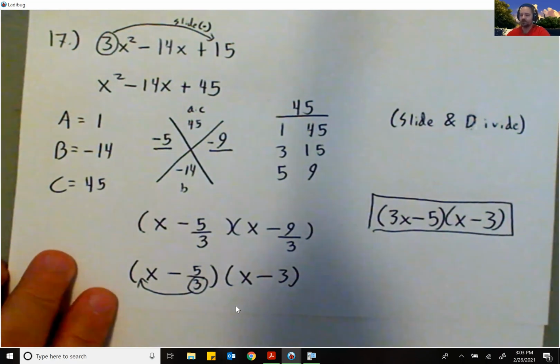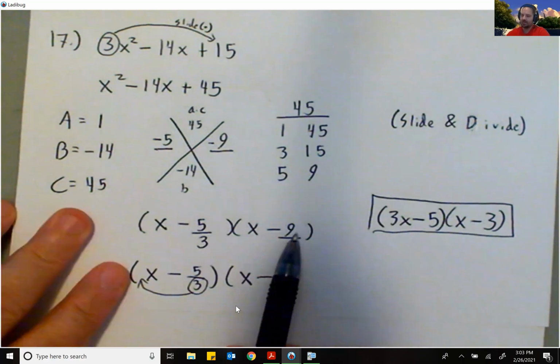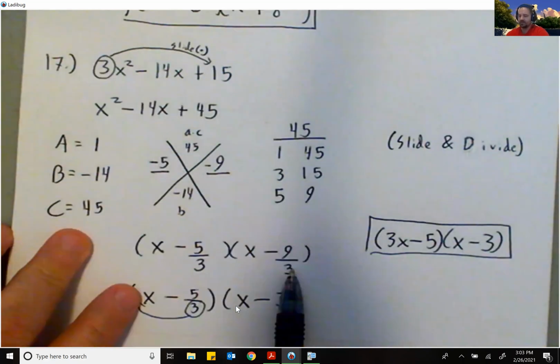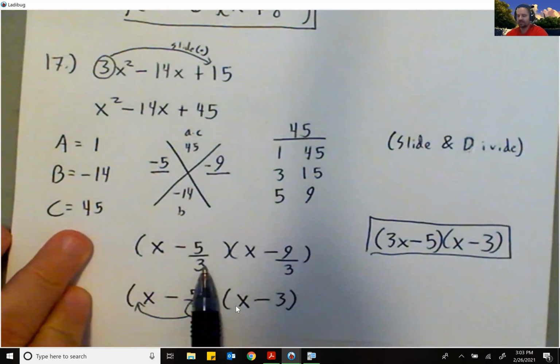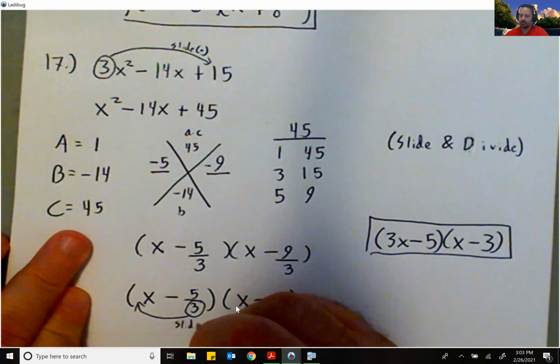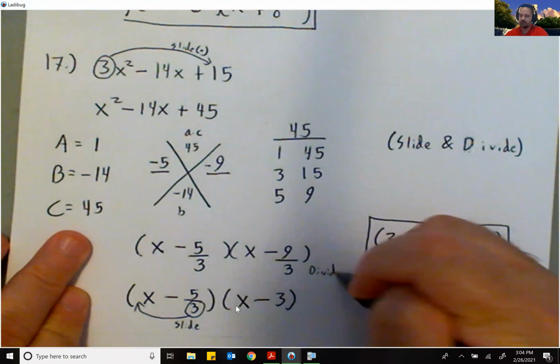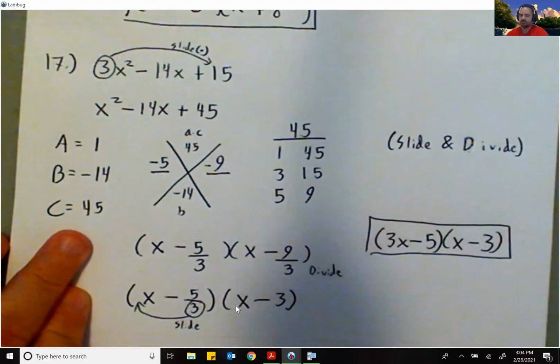Once you find your two numbers, you then have to divide them by a. If it reduces, great. If it does not reduce, take the denominator and slide it back in front of x. Slide. This is the divide. Hence, slide and divide.